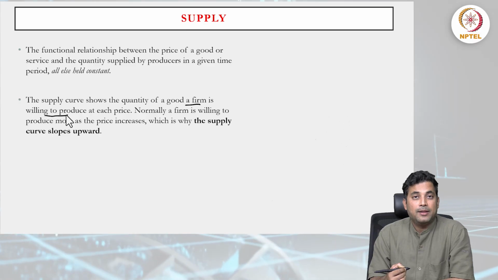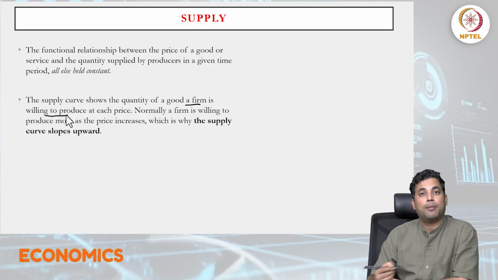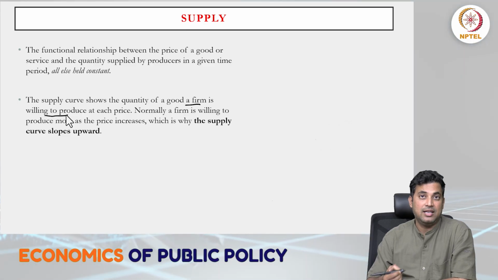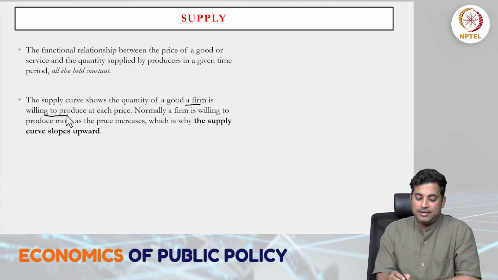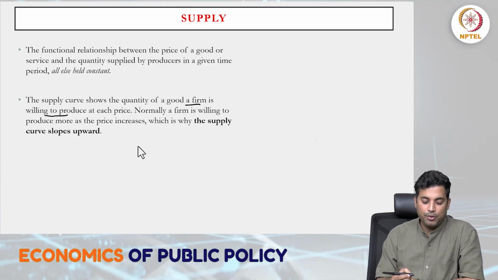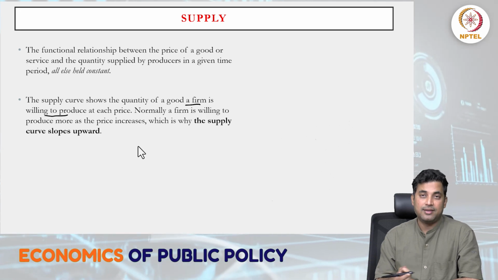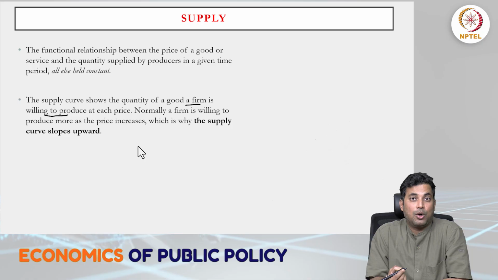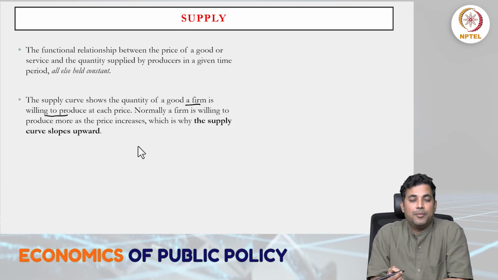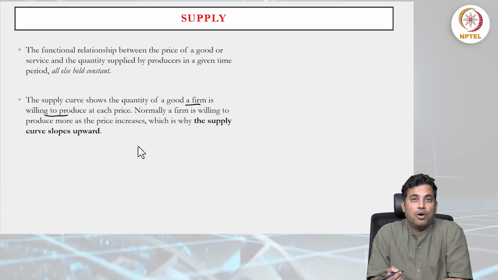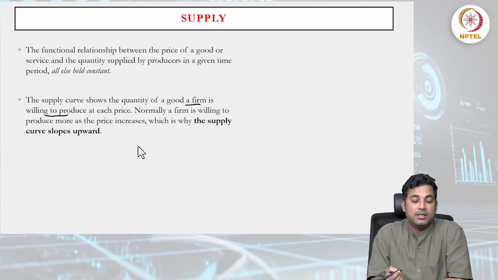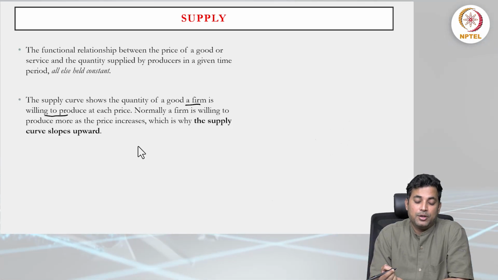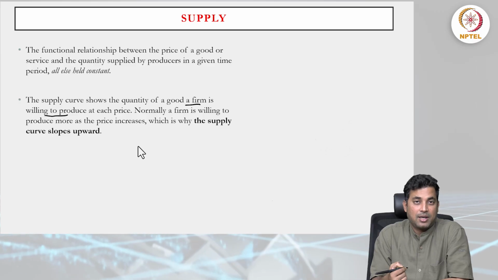And therefore the supply curve shows all the points at which a firm is willing to produce at each price. Basically a firm is willing to produce more as the price increases, because producers, just like consumers, are also rational, and the rationality principle of economics also applies to producers' behavior and to the supply curve.